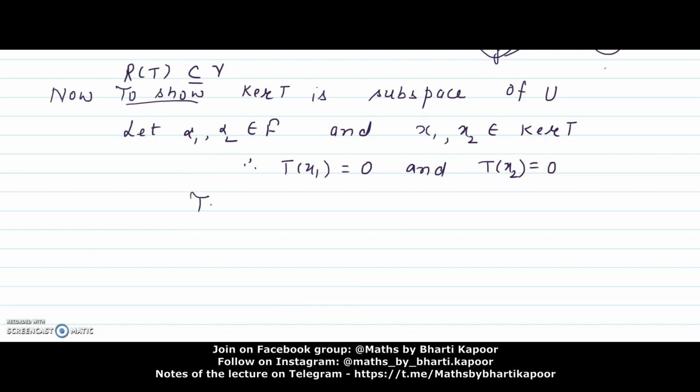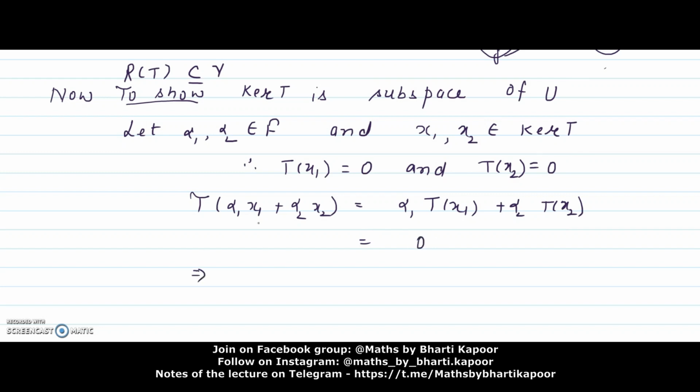For that, let's find T image of alpha 1 x1 plus alpha 2 x2. Because T is linear transformation, this is equal to alpha 1 Tx1 plus alpha 2 Tx2. Because Tx1 and Tx2 both are 0, it will be equal to 0.